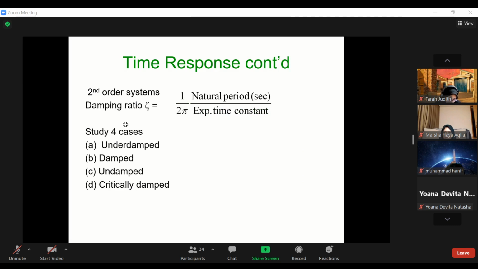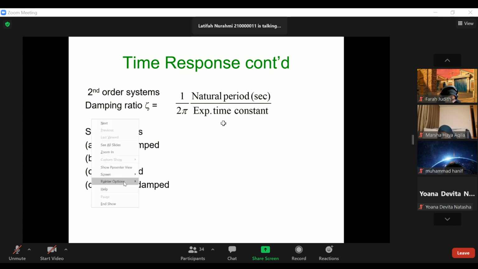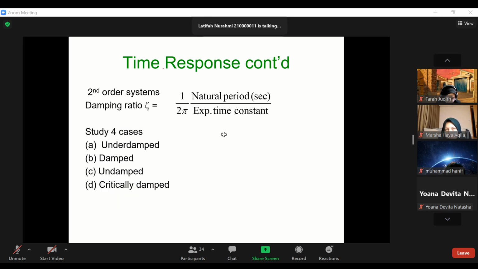From the previous classification, now you know that there are 4 categories. Second order system is about finding the zeta, or damping ratio. There is a formula for how to find zeta and how to find omega n. We'll find it later on.